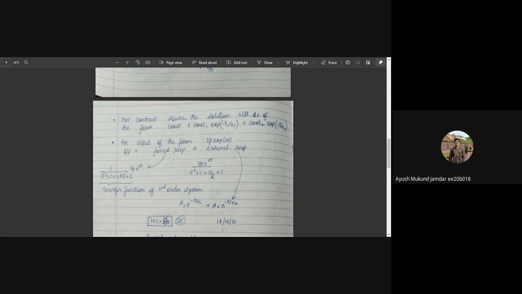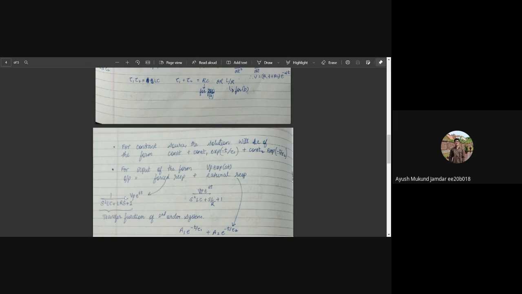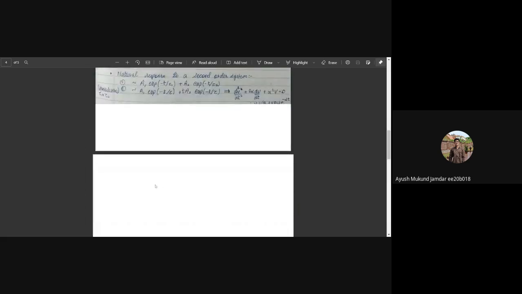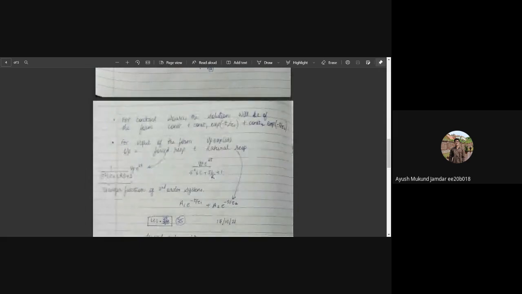But I think it should be RC times s over here in this equation, because we had RC in this differential equation. That's a correction here. And this was the forced response which we got.